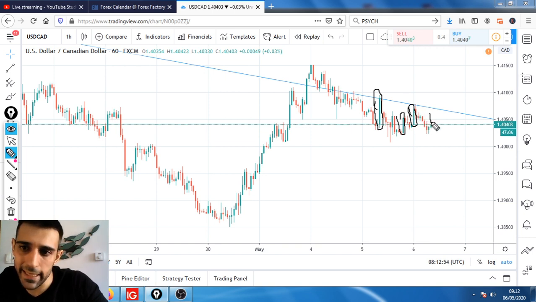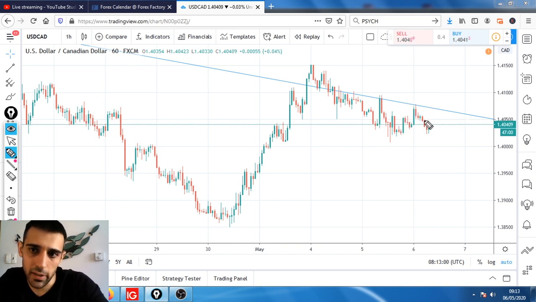I want to see the price coming up and closing nicely bullish. Then that will demonstrate that the buyers are in charge and picking up the momentum, and then we can justify taking the trade, ideally on a retracement, because that gives us a better risk reward.